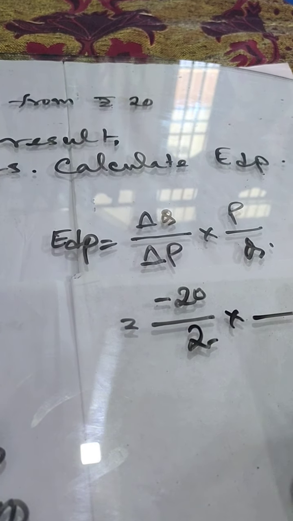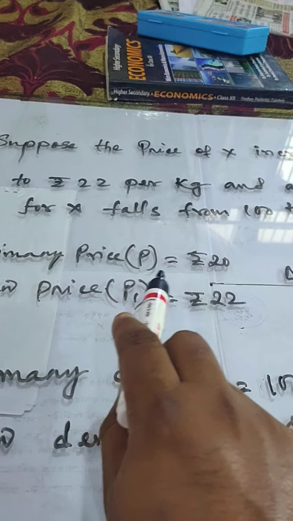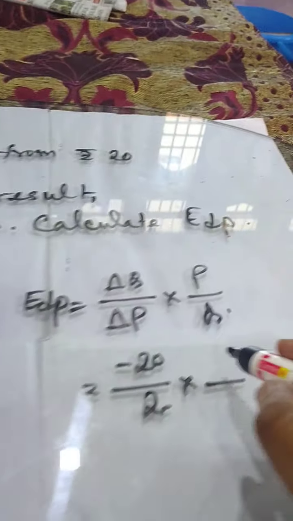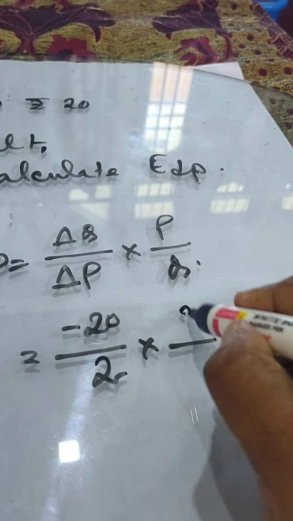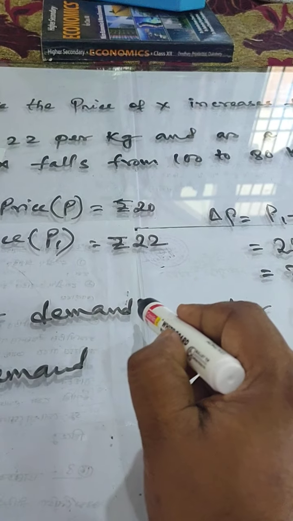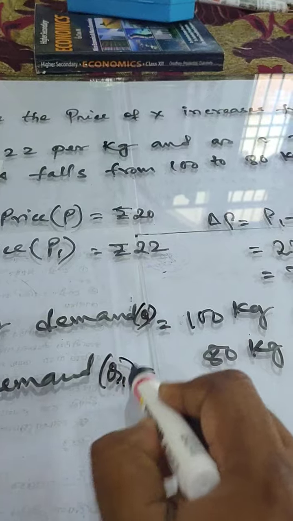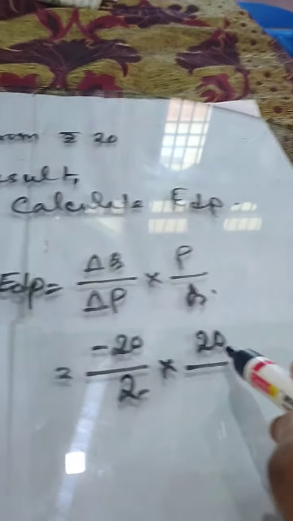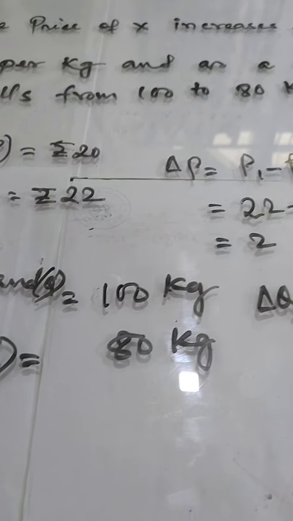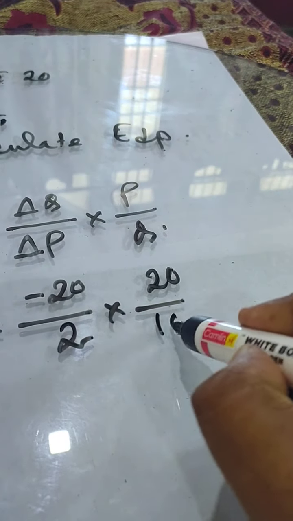Then the primary price, indicated by P, was how much? 20. So put here 20. Then the primary demand, indicated by Q. Sorry, this should be Q and this should be Q1. So you put here how much? 100.